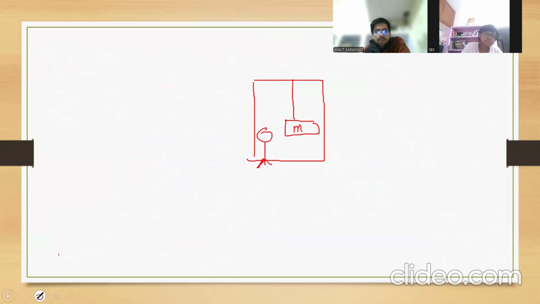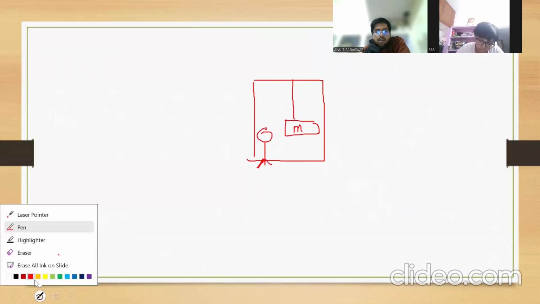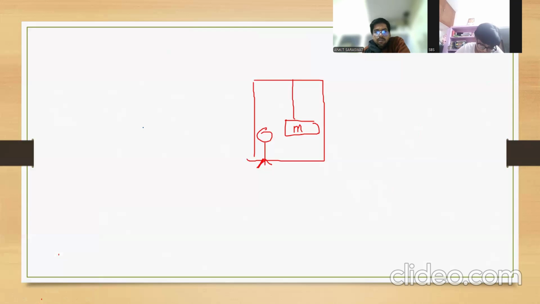Now see. If a person is in the lift, how will you apply the pseudo force? Like this, block M. Person is here. Now how will you apply? Simply draw the free body diagram. Mg will be like this. Tension will be like this. Pseudo force will be what? Mass of the object on which Newton's law is going to apply.